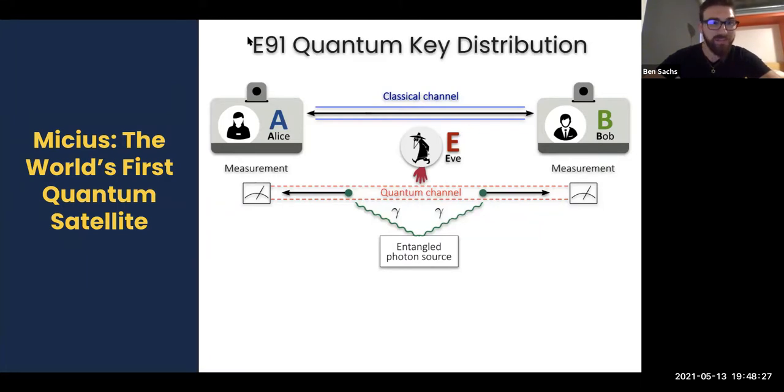You can probably just imagine how revolutionary it would be for cryptography if everyone in the world could generate a random set of numbers and have that be perfectly correlated with another random set of numbers that someone else, anywhere else in the world, could generate. You pretty much would not need a lot of the protocols like RSA that we use for cryptography.